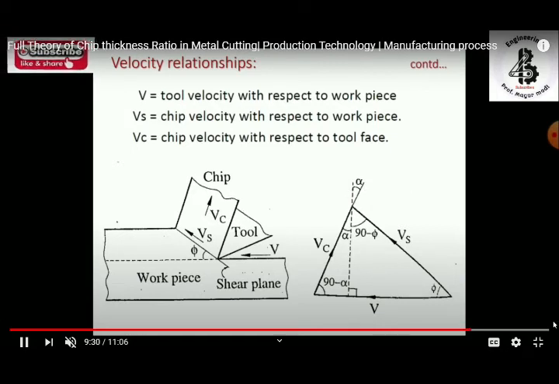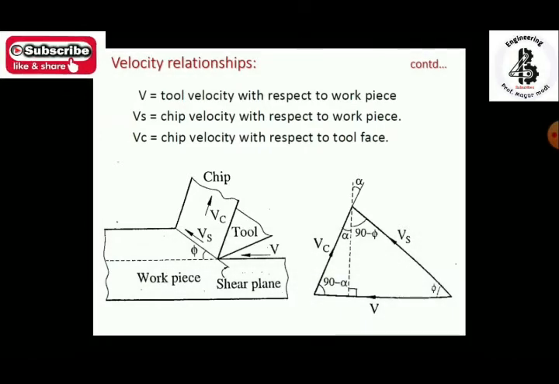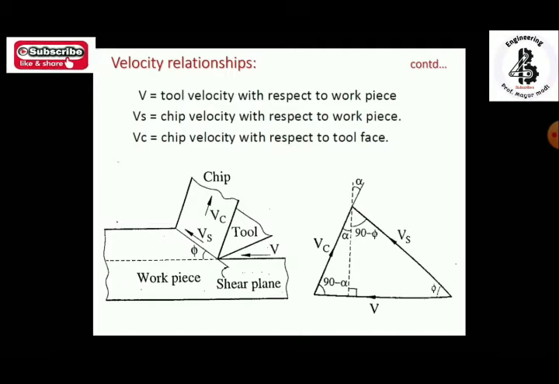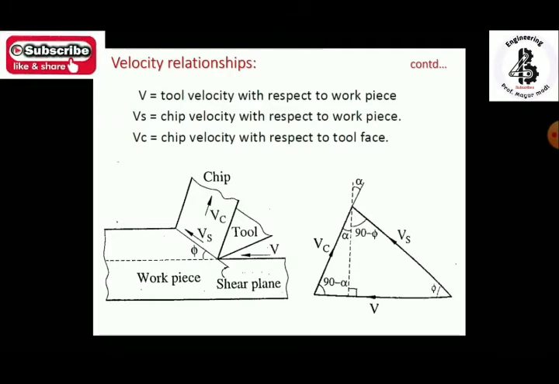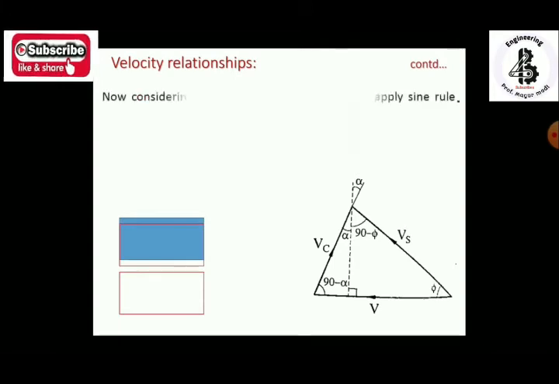In this diagram you observe deeply which three velocities act on the workpiece, tool or chip. In this way we easily understand the velocities in the cutting process. What are the velocities in the cutting process?